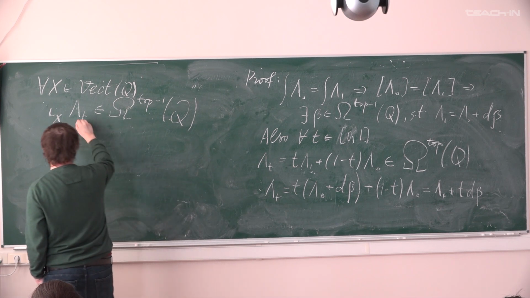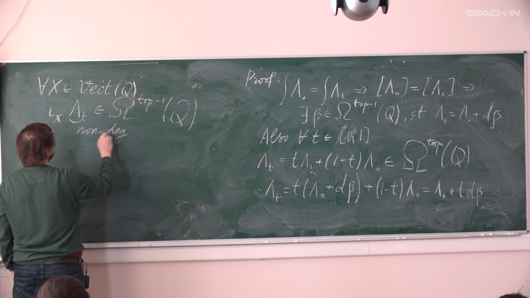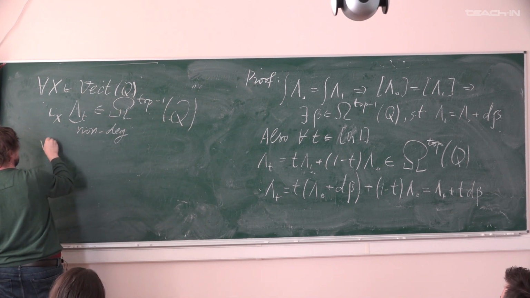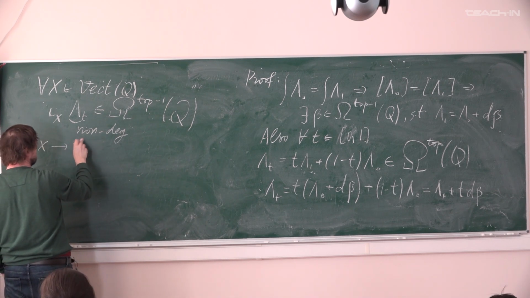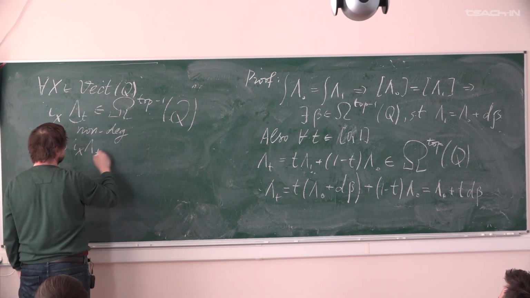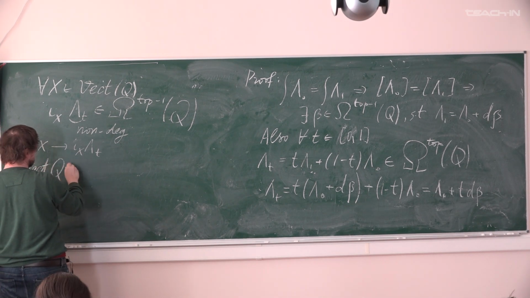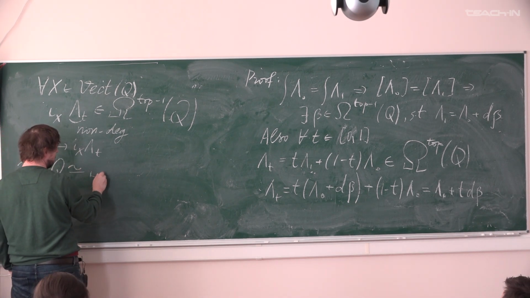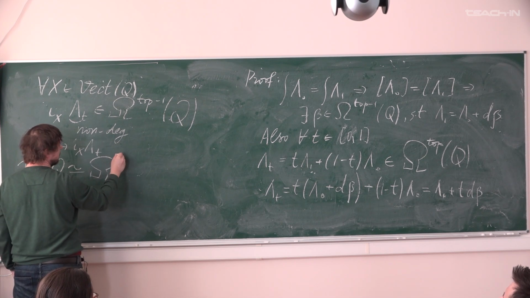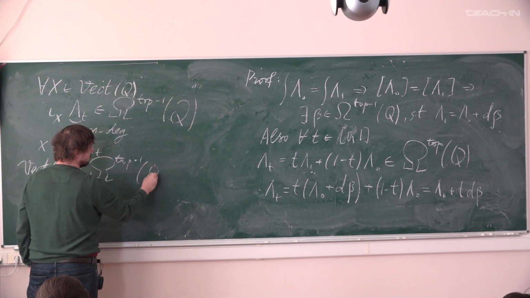And since lambda t is non-degenerate, this map x goes to i x of lambda t is an isomorphism between vector fields on Q and the codimension 1 differential forms on Q, right?